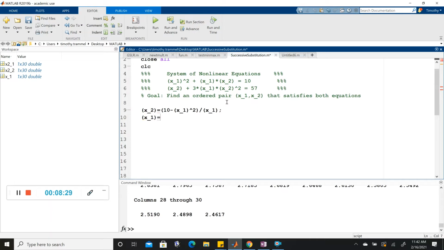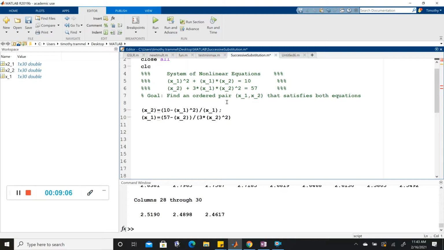Okay, so there we go, we have x sub 1 is equal to 57 minus x sub 2, and then we'd want to take this and divide it by 3 times x sub 2 squared. There we go.